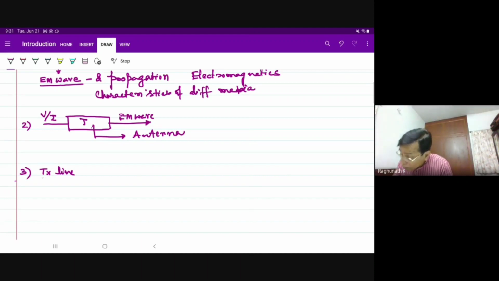We need to talk about this transmission line also. If I'm a proper communication engineer, if I'm a proper engineer, I don't have only one particular transmission line in my hand. There are several types of transmission lines that I keep with me.